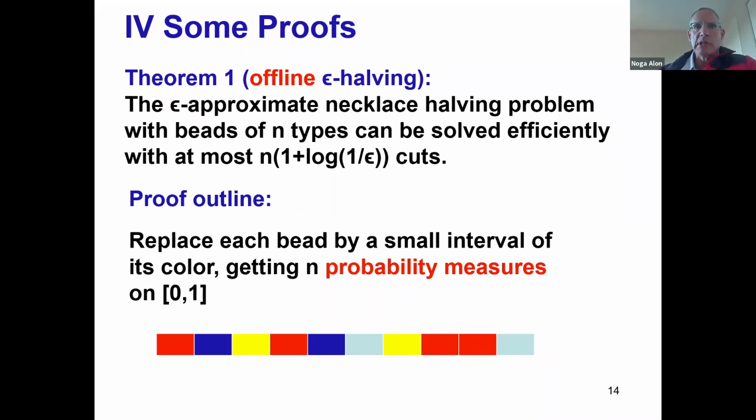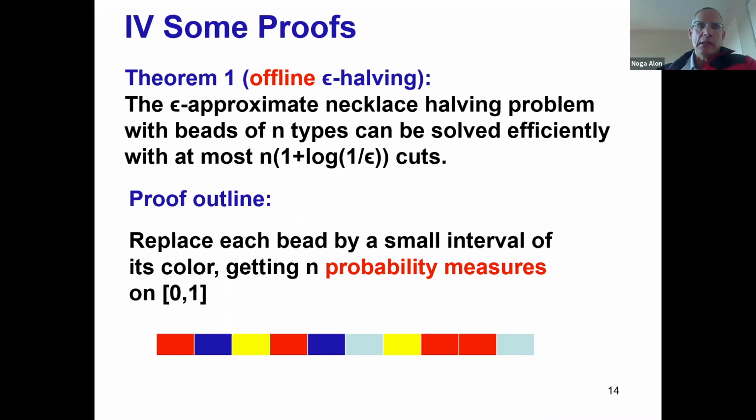It's called offline epsilon halving. We have this necklace, and we want to partition it into 2 roughly equal collections. Each one contains between 1/2 plus epsilon and 1/2 minus epsilon of the number of beads of each of the n types of beads, and we want to do it efficiently with n log of 1/epsilon cuts.